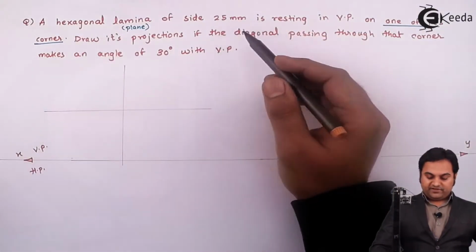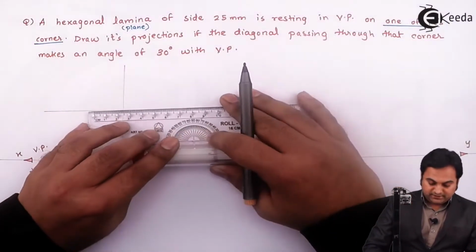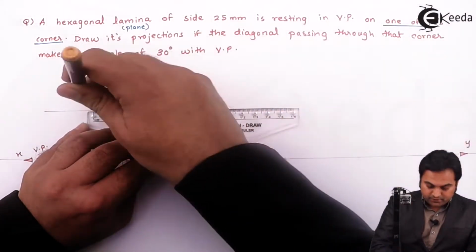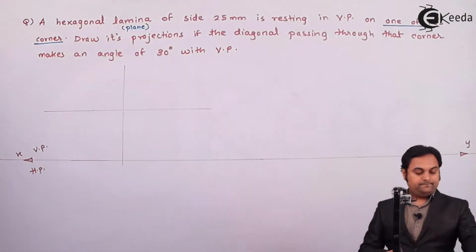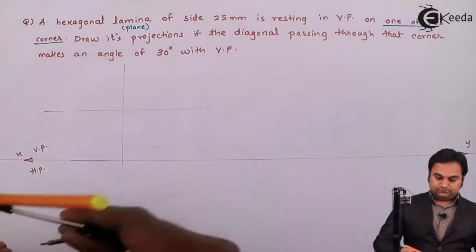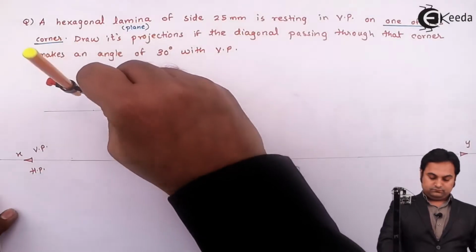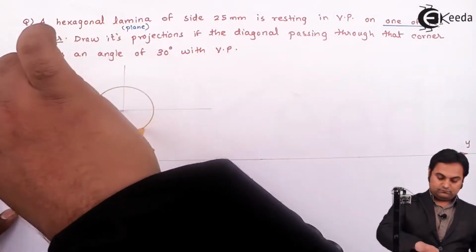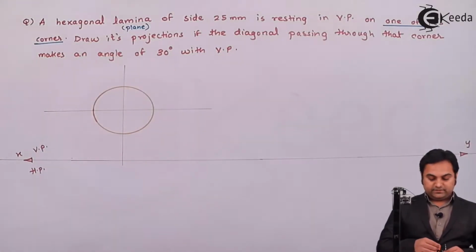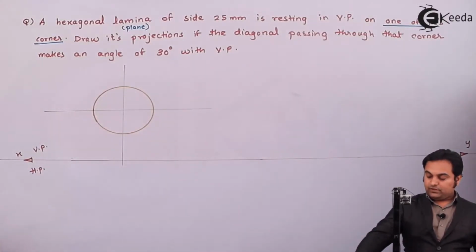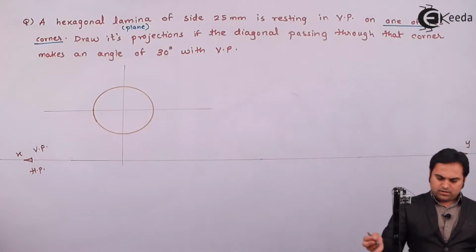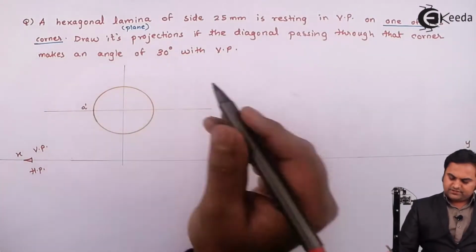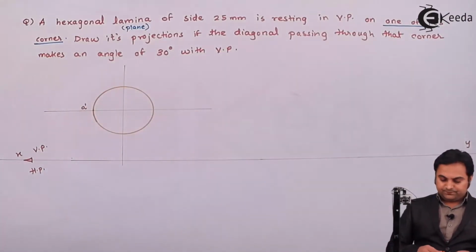Of 25 mm side. For that, I'll take a radius of 25 mm in order to draw the hexagon. Drawing a light circle. Next, since the corner is in VP, I'll keep this corner, giving it the notation as A dash, because left hand side is the reference in case of planes.